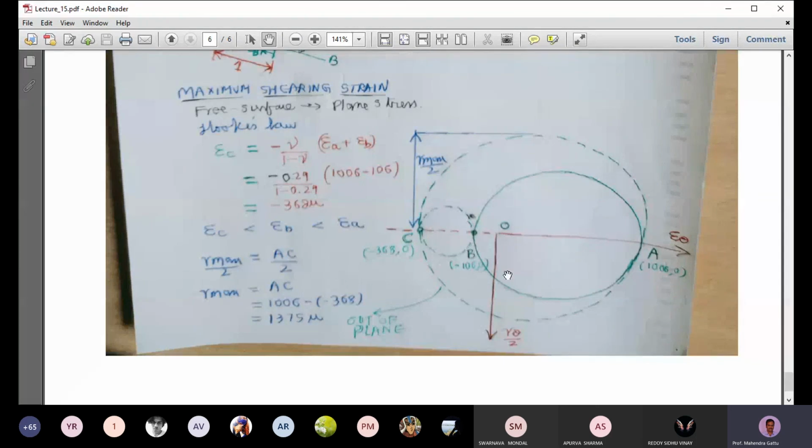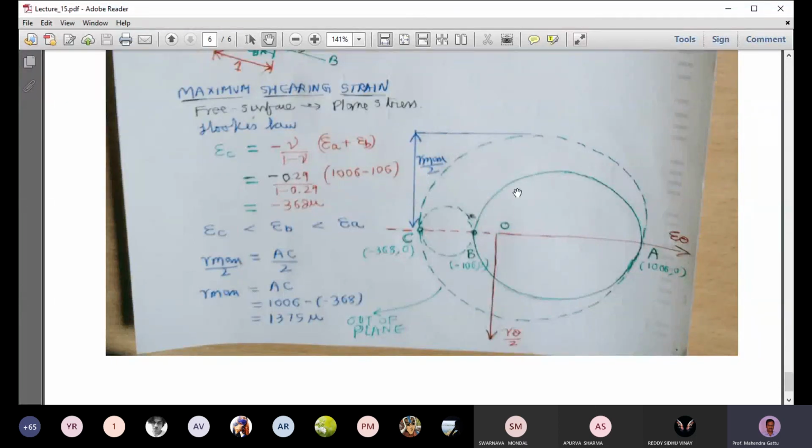So we can draw a circle connecting A and B with AB as the diameter, and then draw another two circles with BC as diameter and AC as diameter. The maximum shear strain occurs for the circle with AC as diameter, and that maximum shear strain is equal to epsilon A minus epsilon C. So that is 1006 minus minus 368, minus of minus will become plus, it will be 1374 into 10 power minus 6.